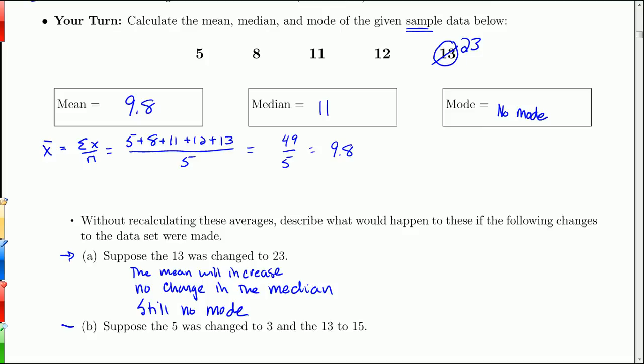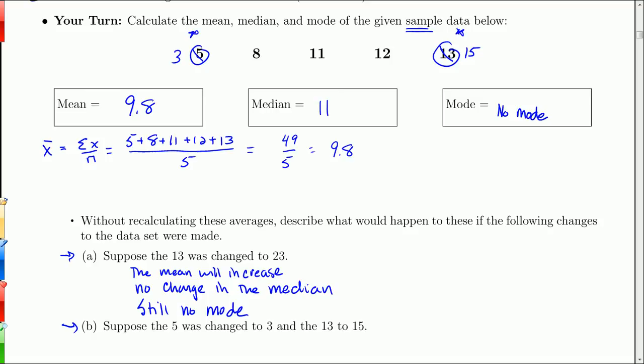So for B, suppose the 5 was changed to a 3 and the 13 to a 15. So this 5 is going to go down by 2 to 3, and this 13 is going to go up by 2 to 15. In that case, the mean will actually be the same, because when you add up all the x's, you lost 2 here, but you gained 2 over here.